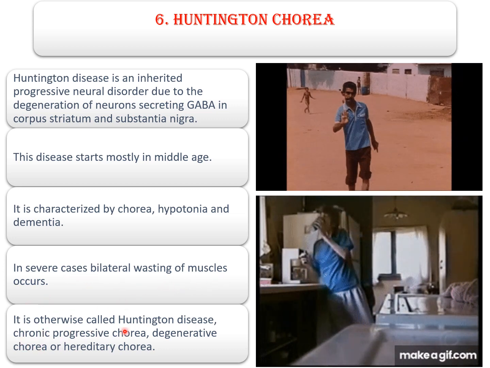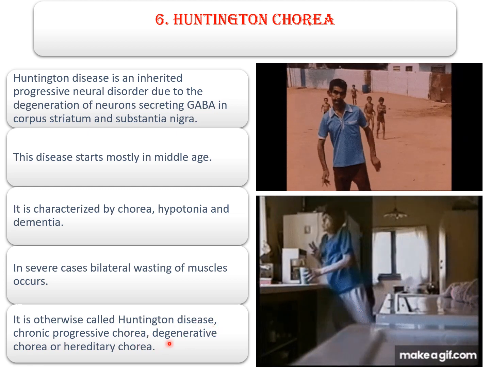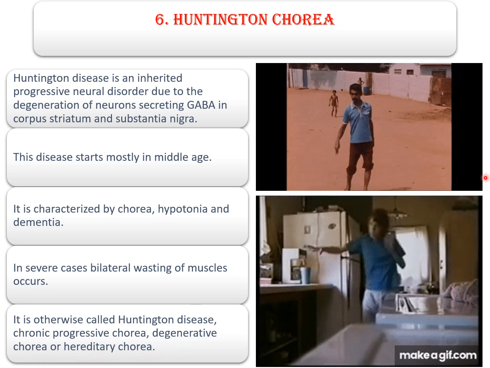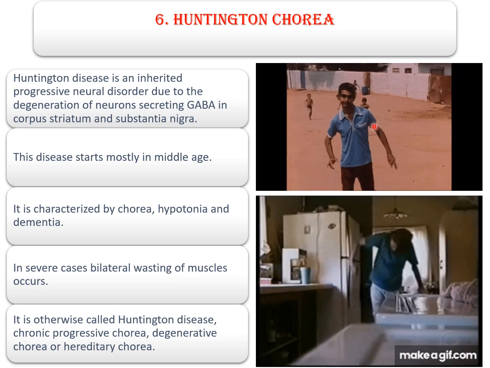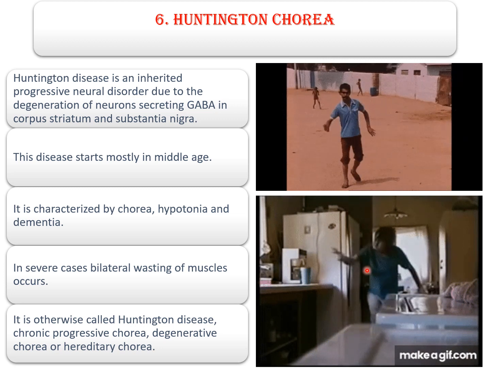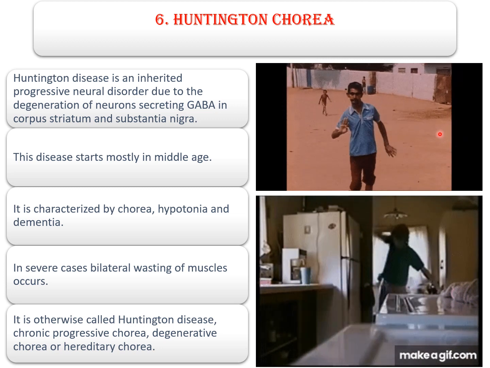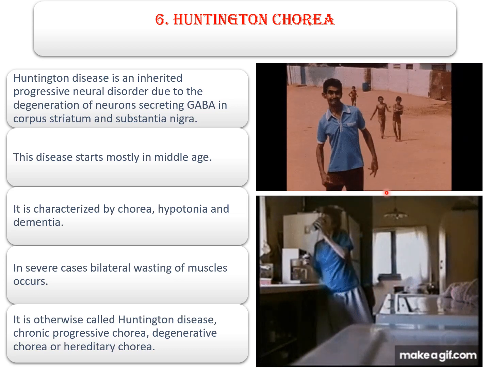It is otherwise known as Huntington's disease, chronic progressive chorea, degenerative chorea or hereditary chorea. In this animation you can see a progressive neural disorder, a combination of chorea, hypotonia and dementia, and it mostly occurs in middle age.